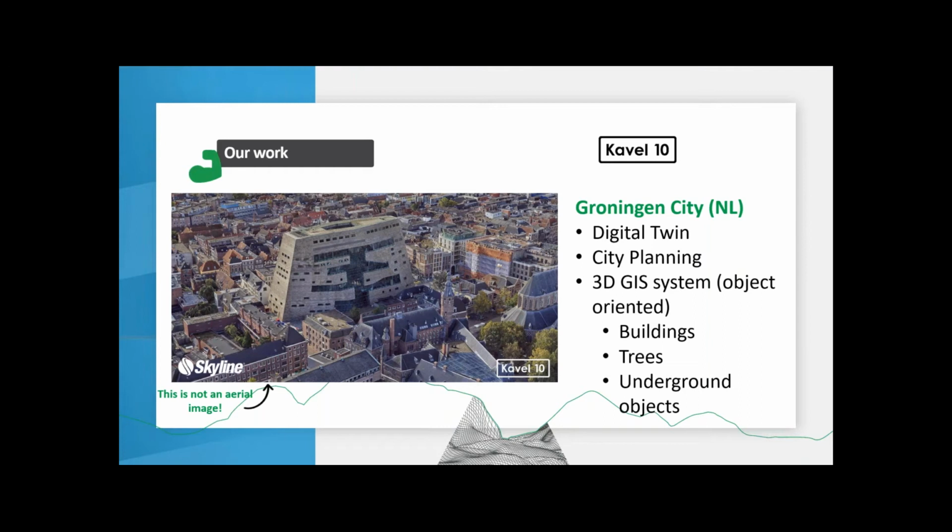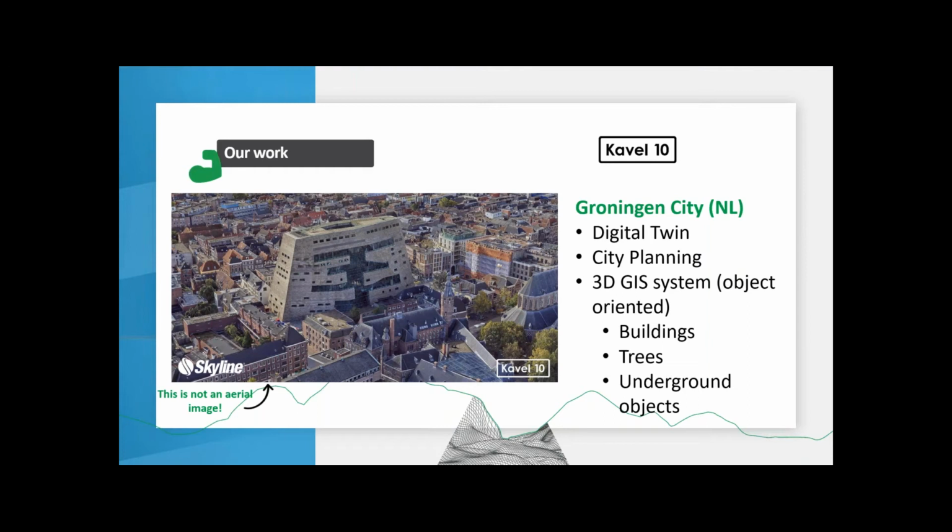We do it with partners, IGI and Skyline are two of them, but we also have some other partners. So basically, they have a lot of applications in the city of Groningen. Of course, it's used for city planning, but also cadastral information. And it's also very object oriented. People know a mesh often as one complete triangulated 3D mesh.